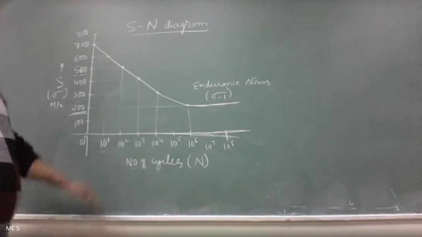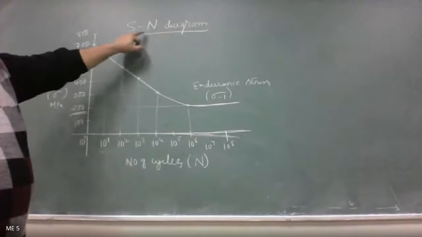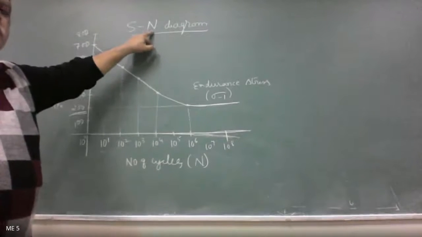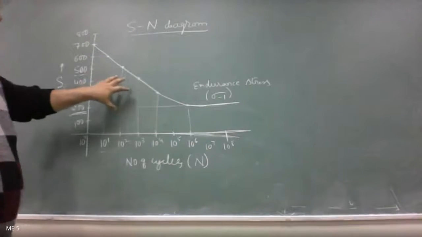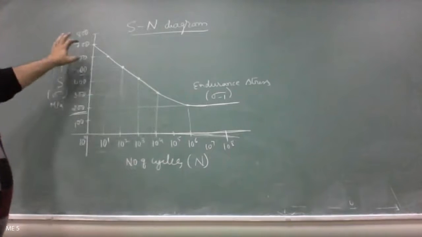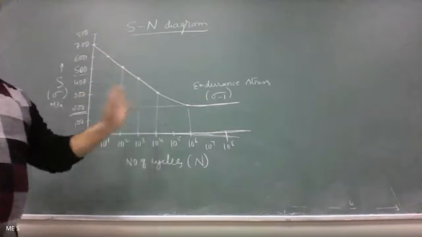Yes, we obtain the SN diagram. The SN diagram is nothing but the diagram between stress and number of cycles. It gives us at what stress, how many cycles a particular material can withstand.